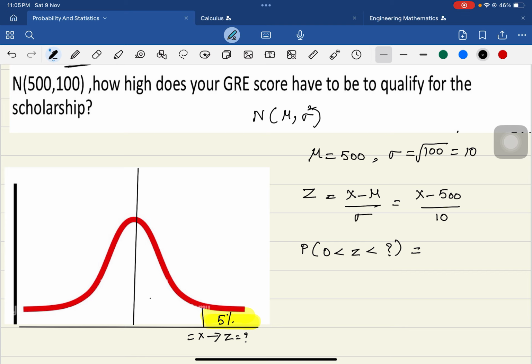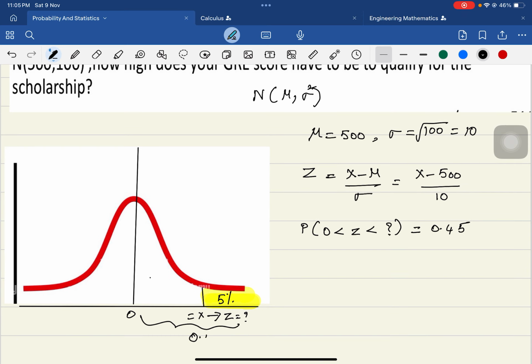Why 0.45? The total area from 0 to this whole thing is 0.5, correct? So when I want 5% above, for the top 5%, what is this percent? This is nothing but 45%, that means 0.45.